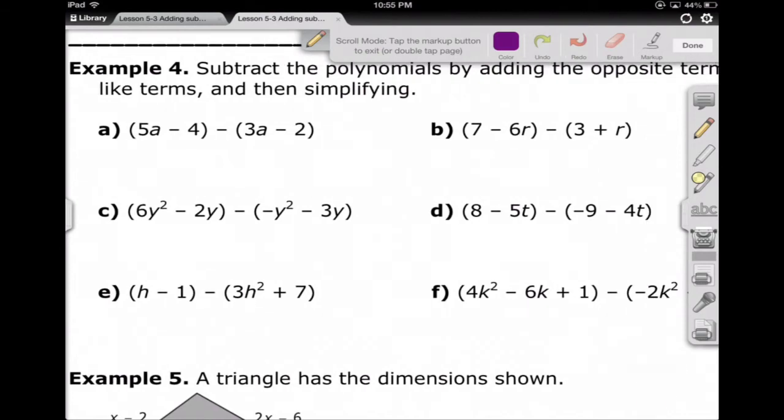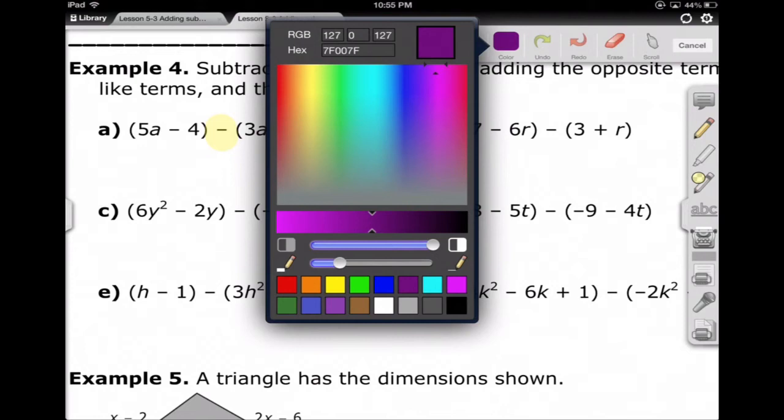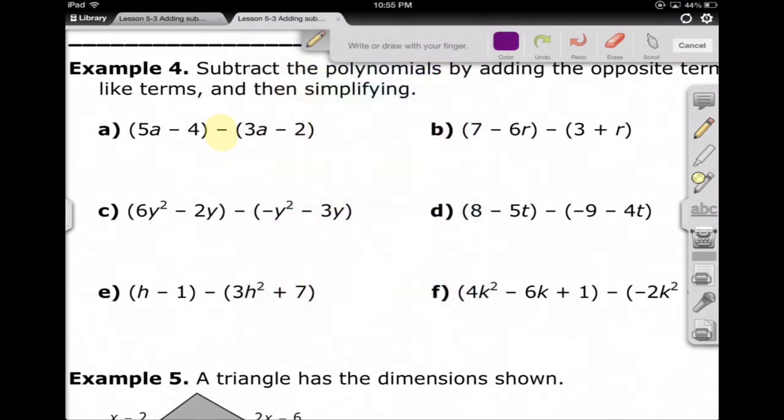In example 4, they're checking to see if you are on the ball and you see that there's a minus sign here. Because what that minus sign does literally means the negative of. And negative of means the negative of everything that follows.